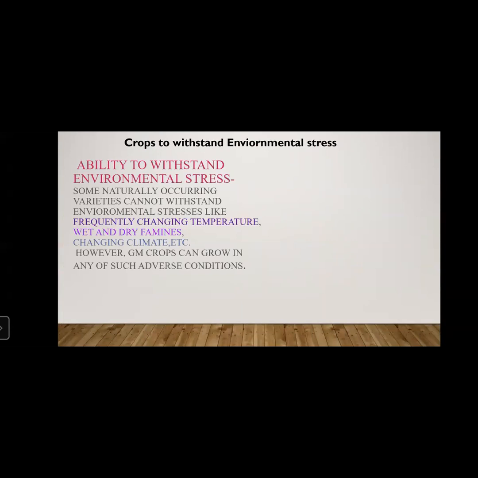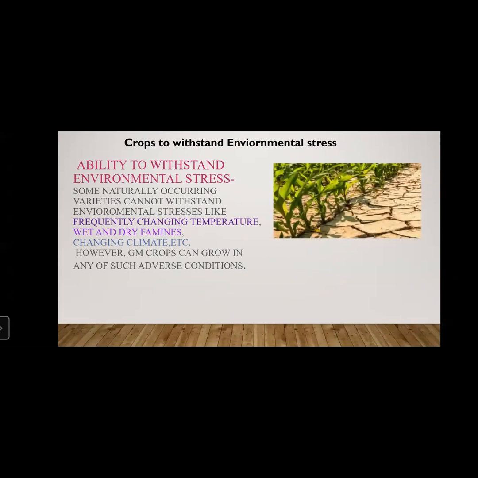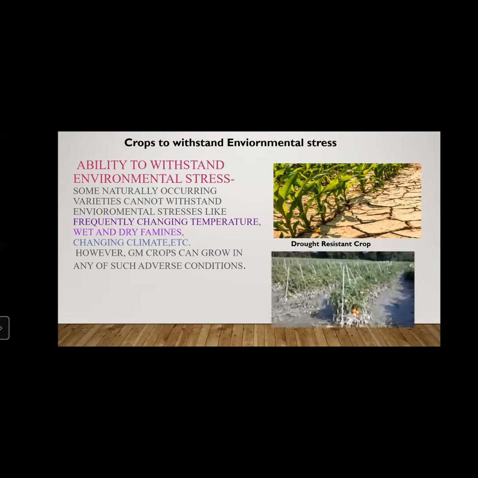Second is crops to withstand environmental stresses. As I have told you, environmental stresses are conditions like droughts, floods, or rains. So developing such plants which can bear all these conditions is possible because of biotechnology. Genetically modified crops are capable of facing all such adverse conditions.